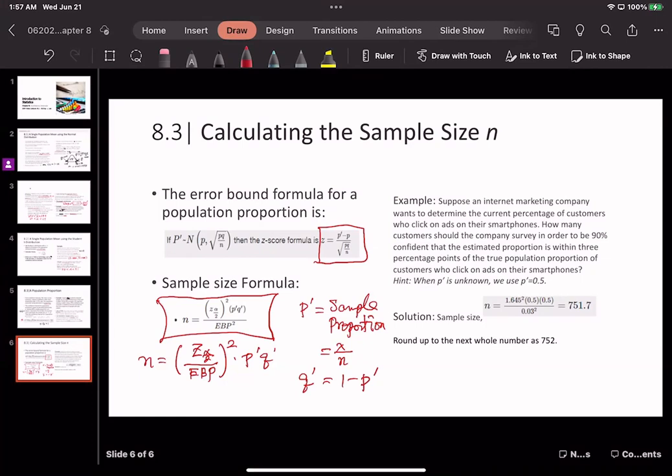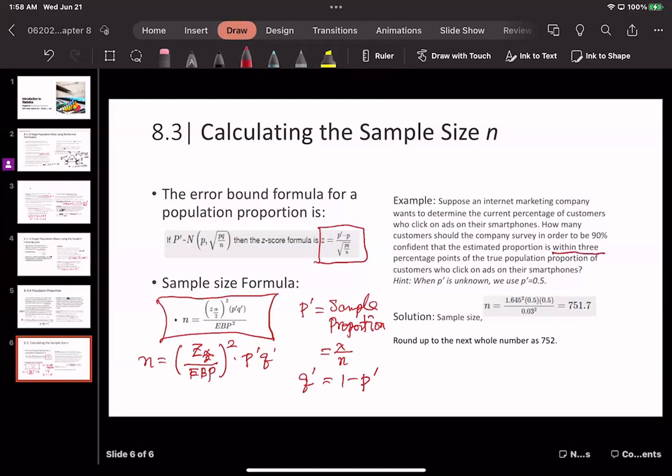Now you can see the example below. Suppose an internet marketing company wants to determine the current percentage of customers who click on ads on their smartphones. How many customers should the company survey in order to be 90% confident that the estimated proportion is within 3%?